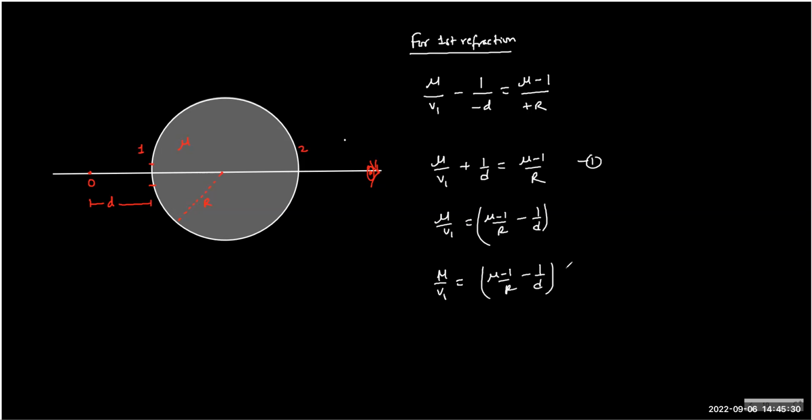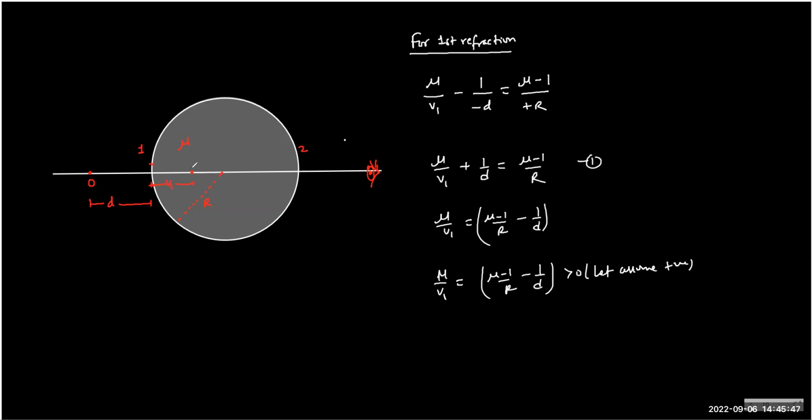If I assume this to be positive, then the image will be on the right hand side. So V1 is assumed something like this.